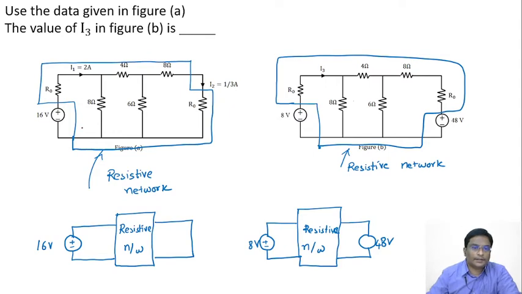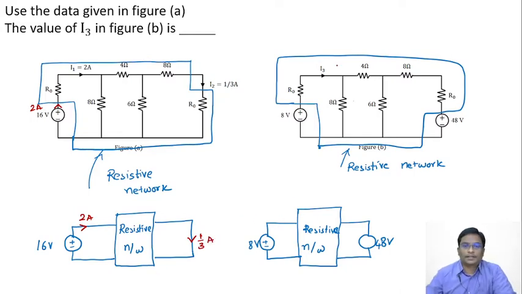This current is given as I1 equal to 2 amperes, nothing but the current supplied by the source, 2 amperes. And here the current flowing is 1 by 3 amperes. They given this data, and for this one they are asking us to determine I3, the current supplied by the 8 volt source, with 48 volts placed like this. That's all, simple.